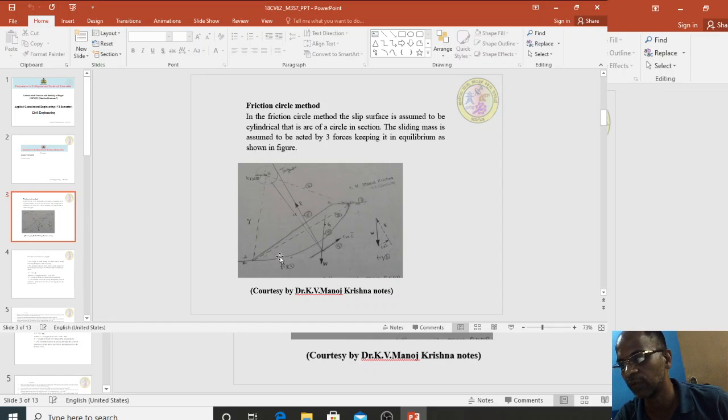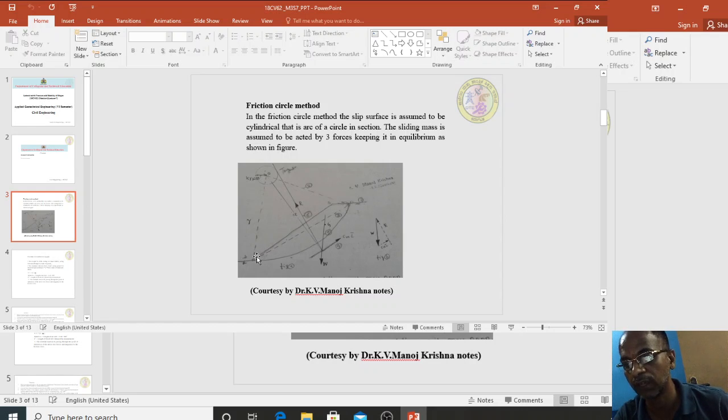Density is weight by volume, so weight is equal to density multiplied by volume. Volume is calculated by considering the area of the sliding soil mass ABDA multiplied by 1 meter length, because usually perpendicular to the board a 1 meter length is taken and all designs are done. Therefore W is equal to density multiplied by volume.